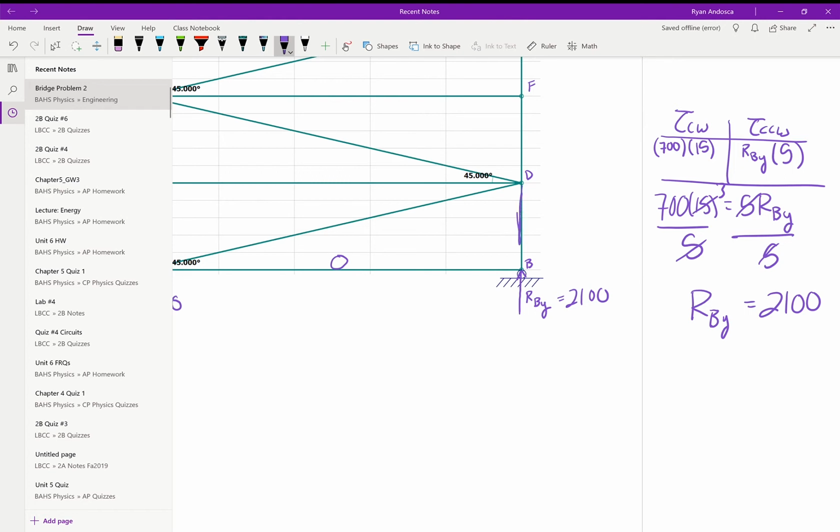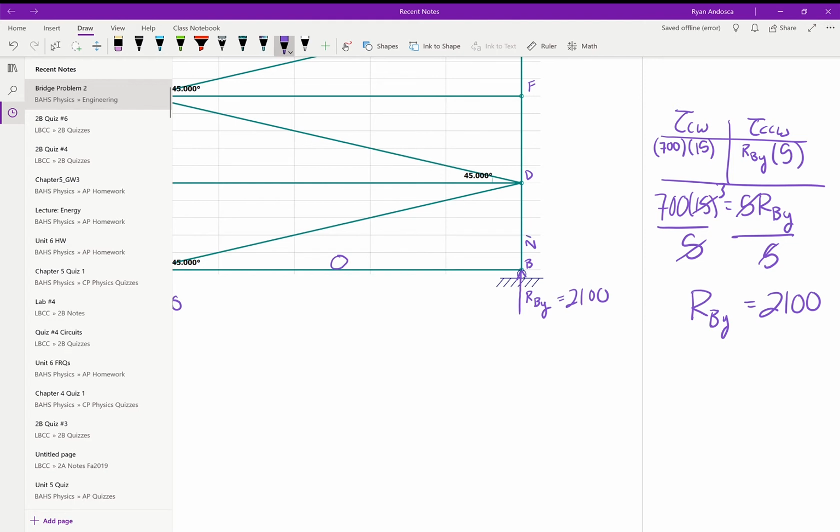DB, on the other hand, is canceling out this 2100 force, which means it is also a 2100 force. And since 2100 is going up, this force must be going down, which is pressing into the joint and makes it a compression. So BD is a 2100 compression.